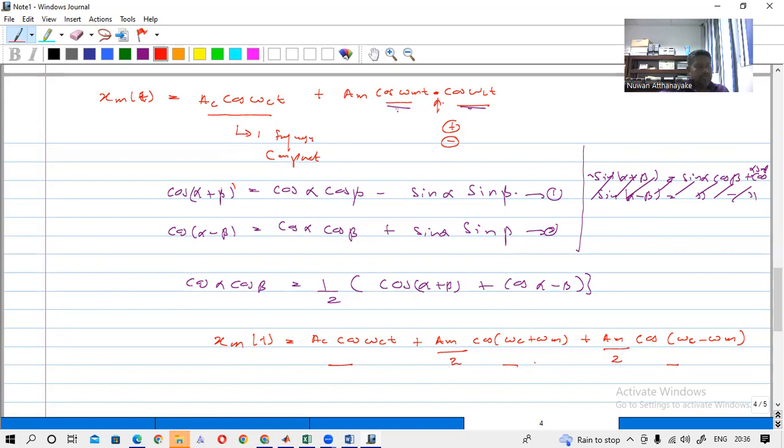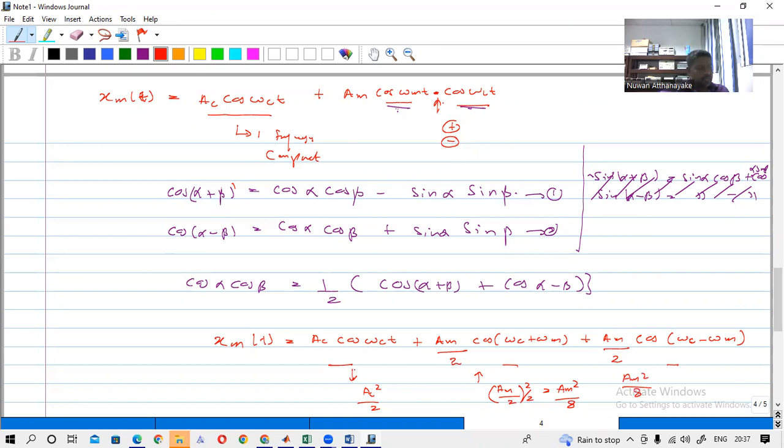Now you can find the power here, that is AC square divided by 2, and you can find the power here, that is (AM divided by 2) squared divided by 2, so AM square divided by 8. Here also you have AM square divided by 8.